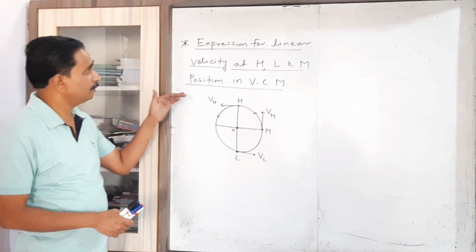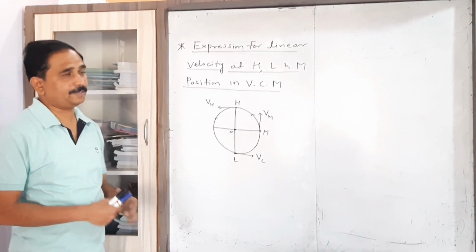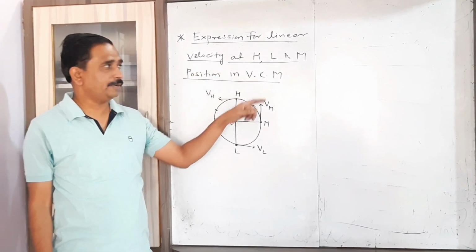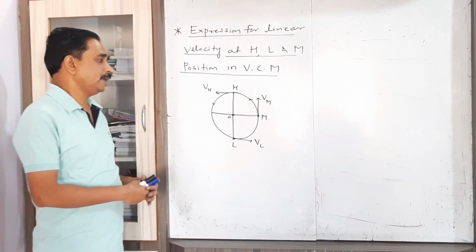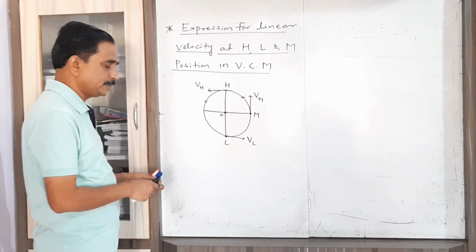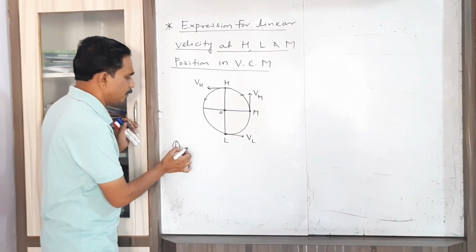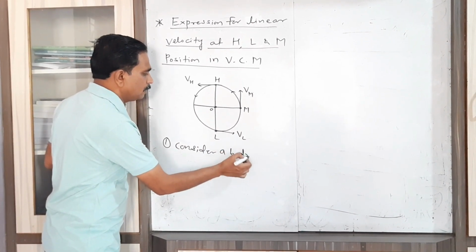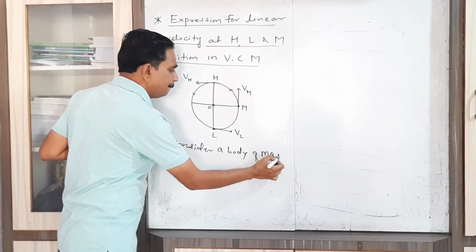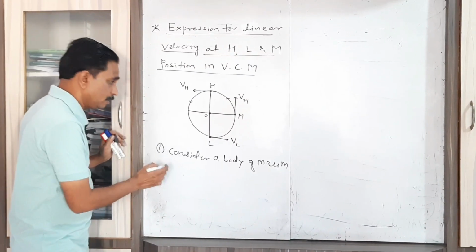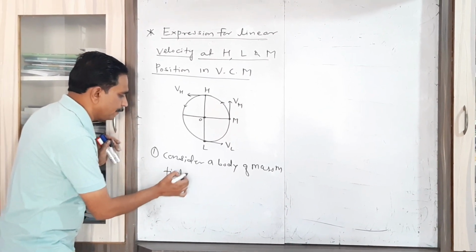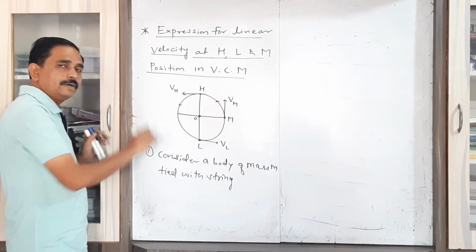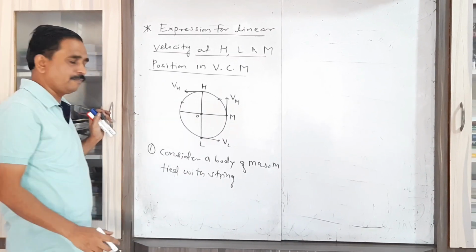Now let us move toward another important expression, that is the expression for linear velocity at the highest, lowest and middle positions. Here our consideration will be the same for this question. Again you have to consider one body of mass m tied with a string and revolving in a vertical circle as shown in the figure.